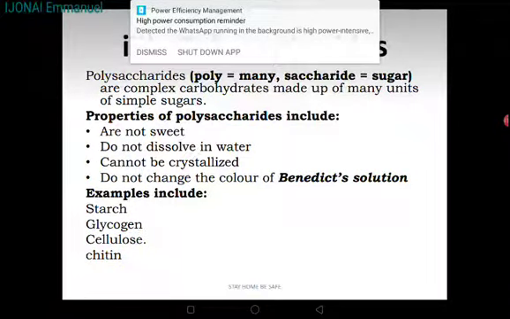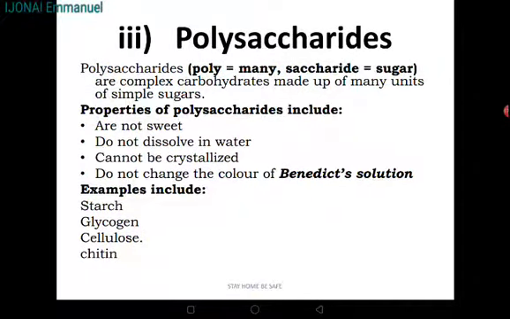So the properties of polysaccharides include they are not sweet, they do not dissolve in water, they cannot be crystallized, and they cannot change the color of Benedict's what? Solution. Then examples include starch. I have already told you that starch is found in plants. It is a storage polysaccharide in plants. Then glycogen, which is a storage polysaccharide in animals.